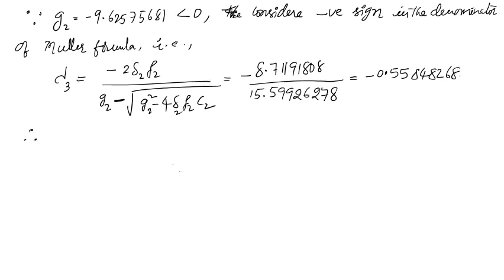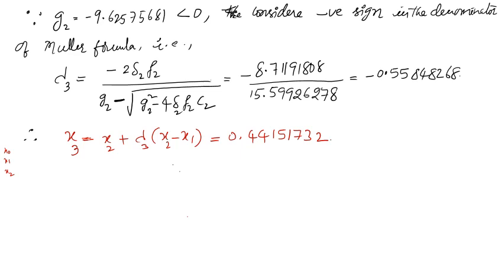Therefore, what is our next approximate root formula? Xk plus 1 is equal to, that is already x0 is there, x1 is there, x2 is there. So next root is x3. x3 is equal to x2 plus lambda 3 into x2 minus x1. This is the formula of Muller's method. So substituting every value, the result is 0.44151732.